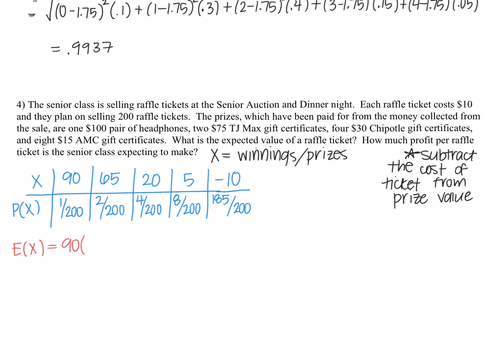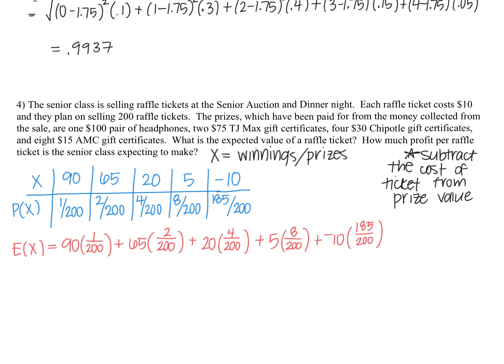So 90 times 1 over 200 plus 65 times 2 over 200 plus 20 times 4 over 200 plus 5 times 8 over 200, and then plus negative 10 times 185 over 200. You can go ahead and just say minus 10 times 185 over 200. It is the exact same thing. It is up to you.